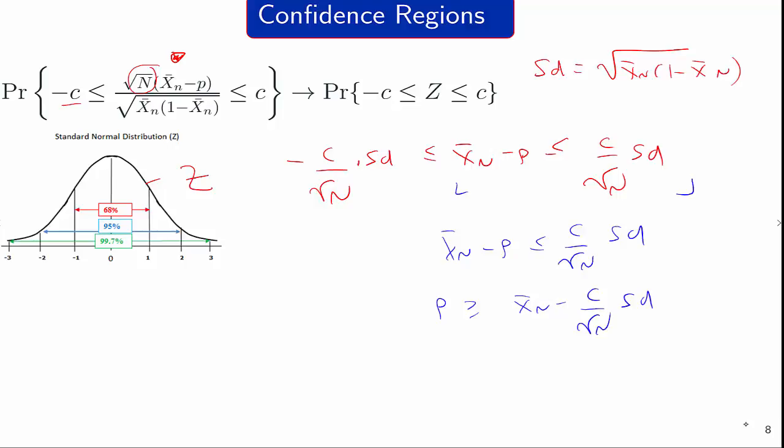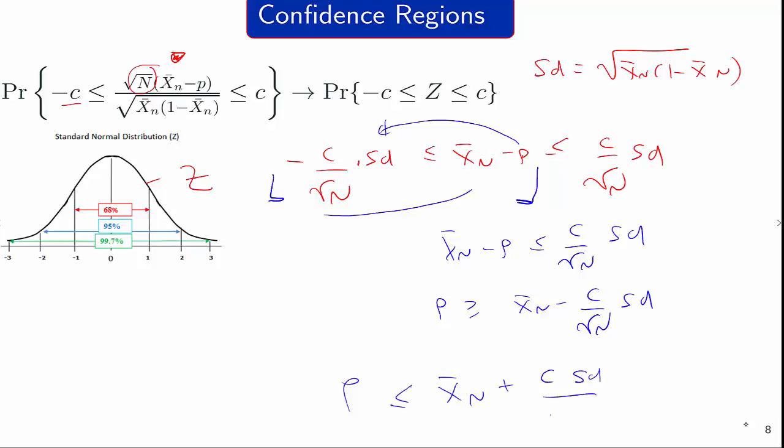And we can now rearrange the left hand side of this equation. To both sides, add p to the left hand side and take this term over, we get p is less than or equal to x bar n plus c sd over square root of n.